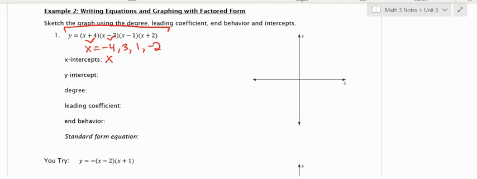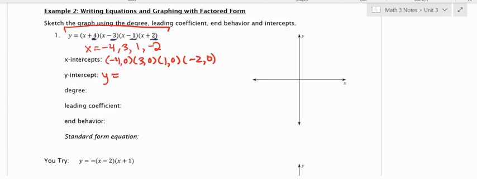If I wrote it as a coordinate point, which you could do if you like, remember those would all technically have zeros. For the y-intercept, again, it's like substituting 0 in for all of your x values. So it's really the same as multiplying all of these values.